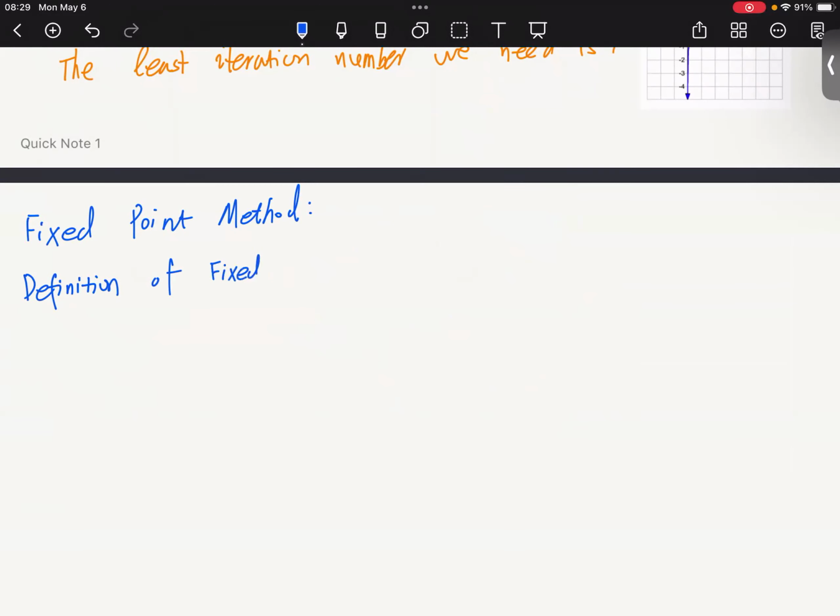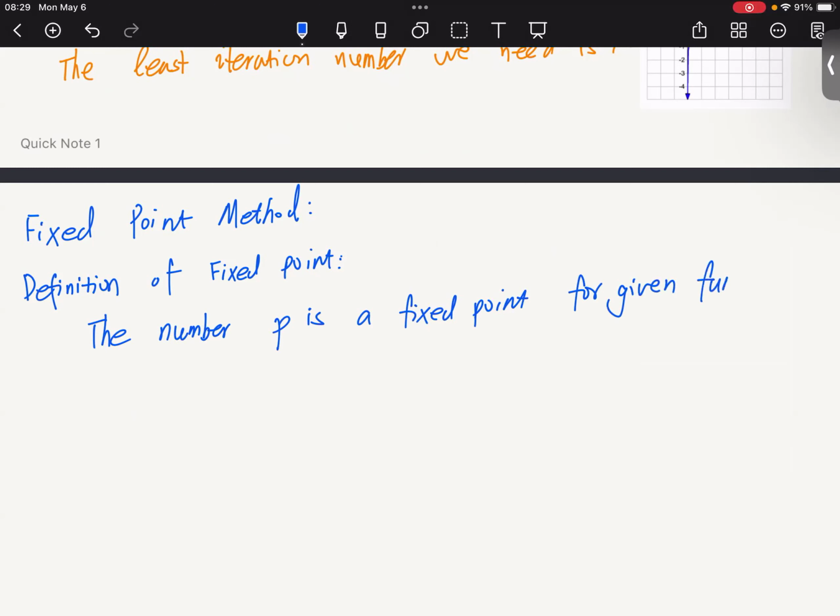If you are given a function g(x), a number p is called a fixed point of the given function if we evaluate the function at p and its value equals p.